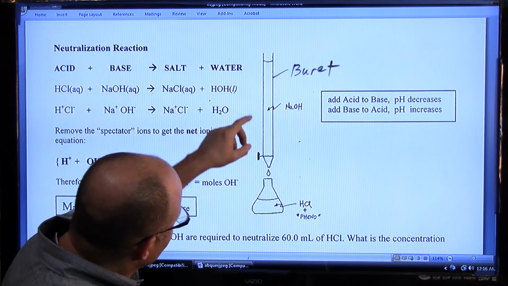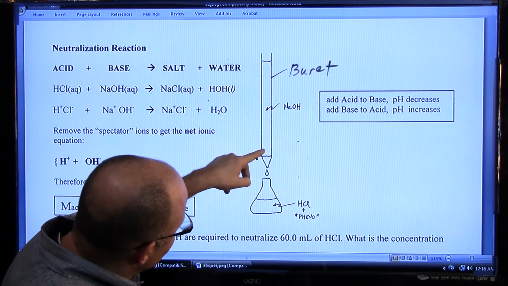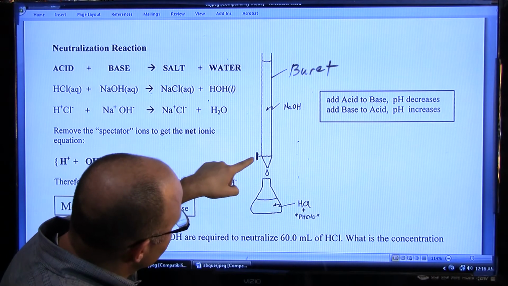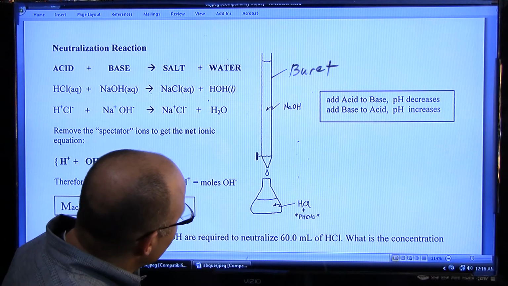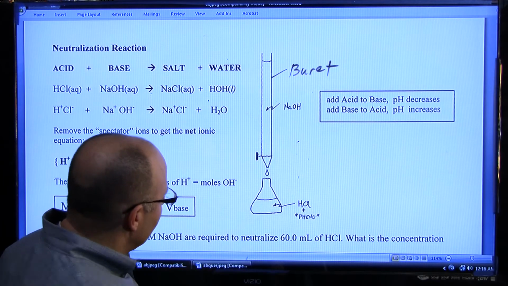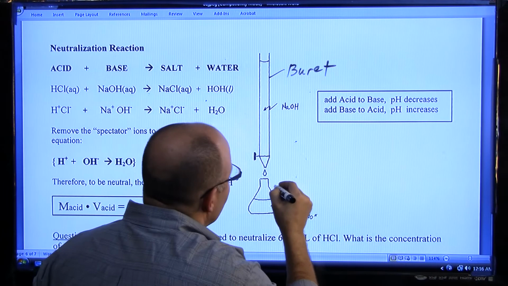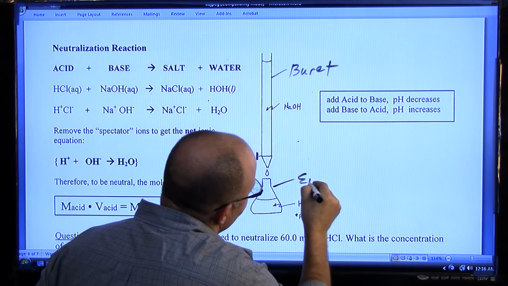And you'll be adding that sodium hydroxide drop by drop, since there's a valve here that controls the burette, into an Erlenmeyer flask. So you're going to have to know that piece of equipment too.